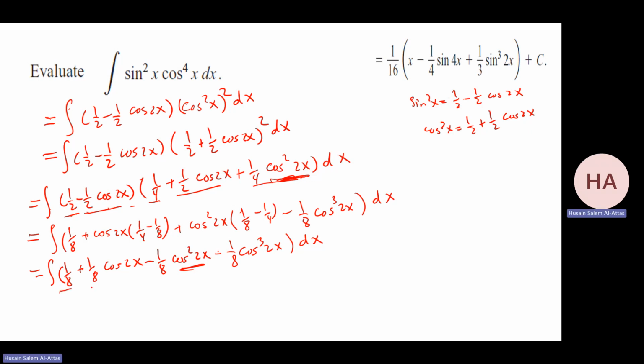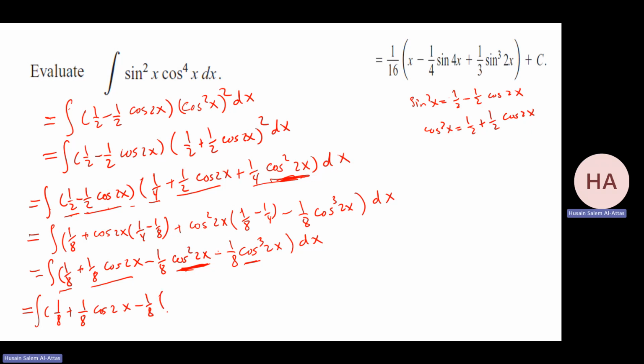This is easy. I need to change this one into a double angle. And this one, since the power of cosine is odd, I save one cosine and change the rest into sine, then I can do the calculation with the u idea. So this one I change to a double angle, that will be 1 over 8. This one is ready.